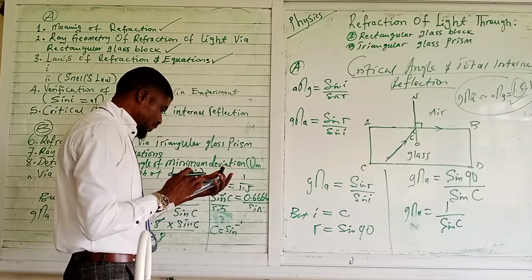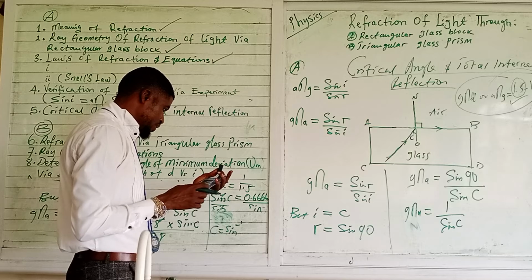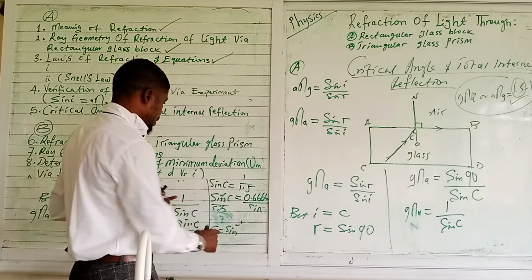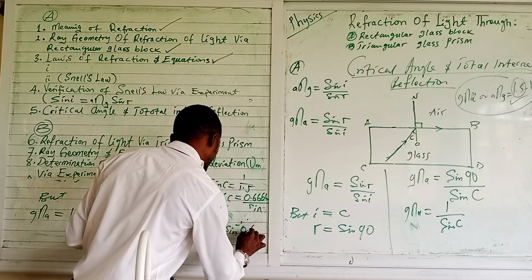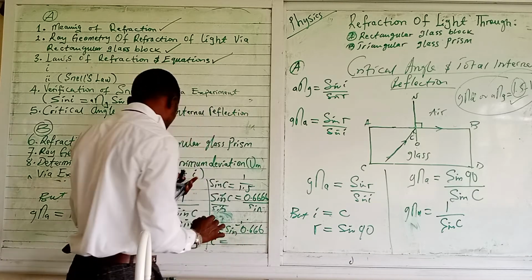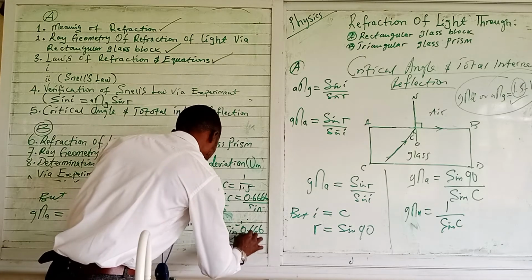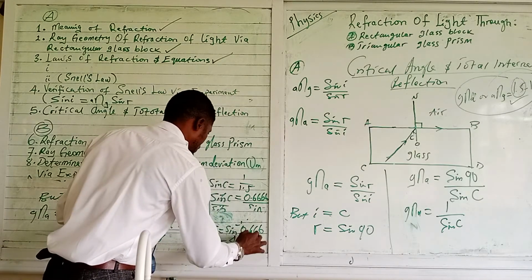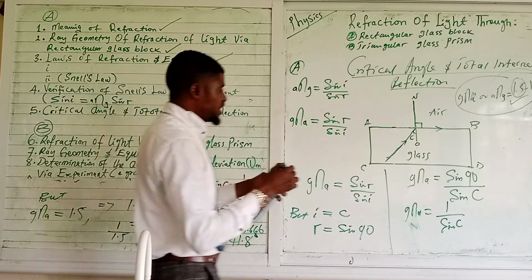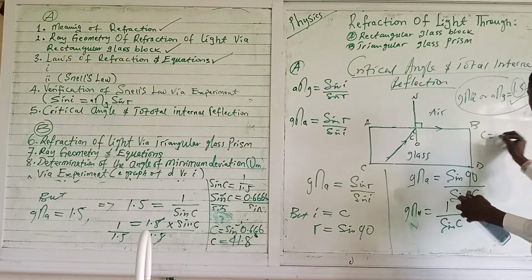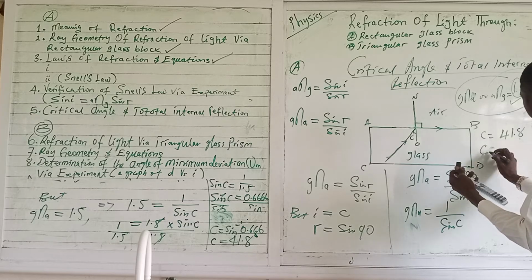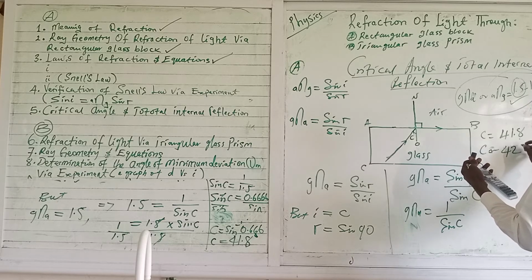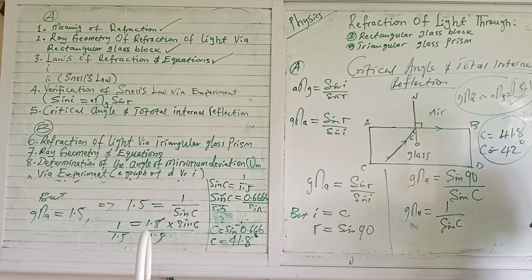If you do that correctly, sine inverse of 0.666 will give you 41.8 degrees. Therefore, the critical angle for a glass medium, c, is 41.8 degrees. So c is approximately 42 degrees. This is the critical angle.